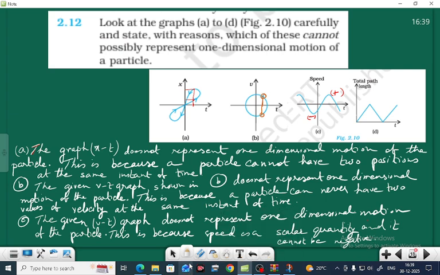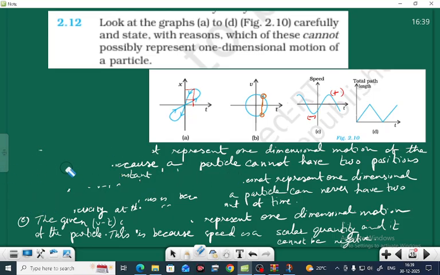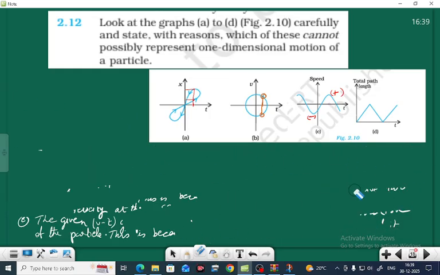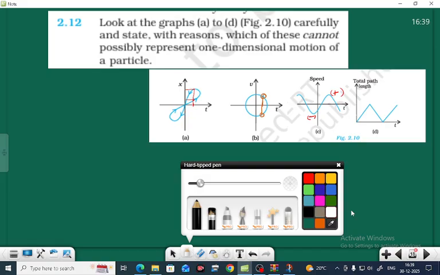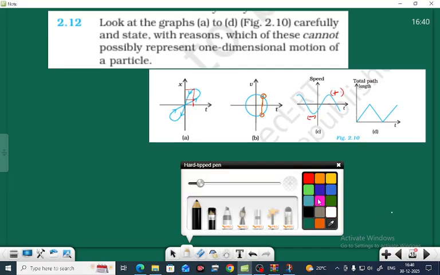And let us consider the fourth one. The fourth one is given in this way, the total path length. In this graph we are finding the path length.